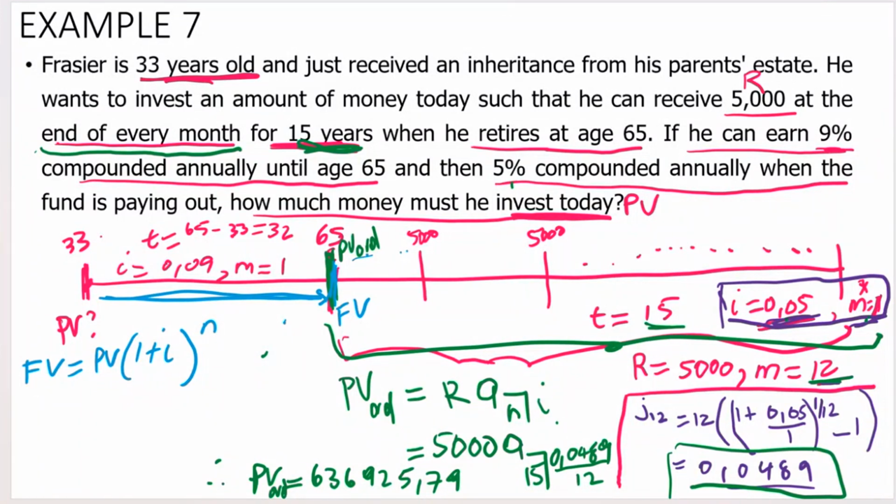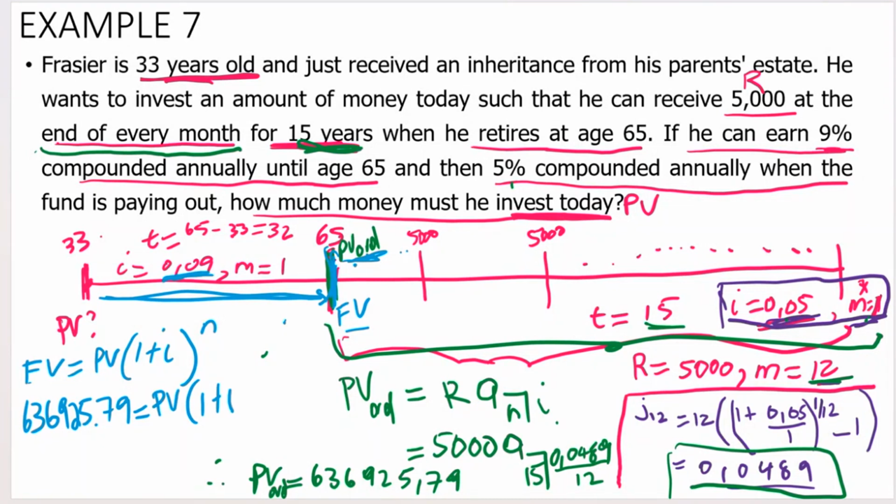You know that your future value at this point is the same as your present value of your annuity. So you are going to have your 636,925.79. What is your present value there? Your present value is what you are looking for.